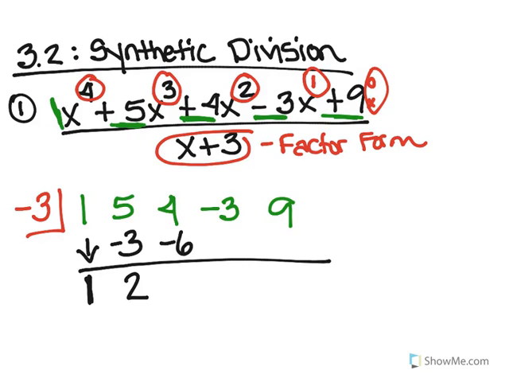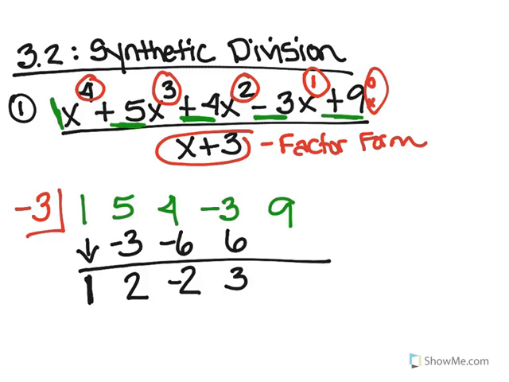So then I subtract: 4 minus 6 is a negative 2. And then I multiply. Negative 3 times negative 2 is positive 6. Subtract: negative 3 plus 6 is a positive 3.